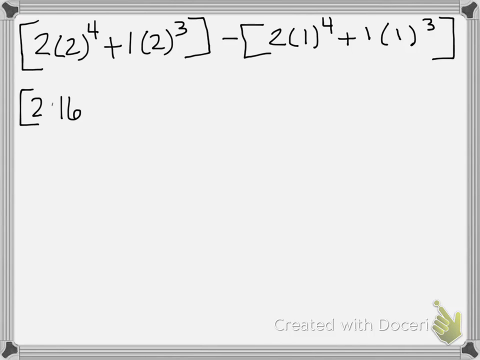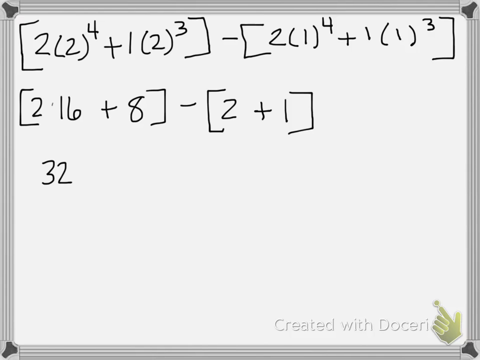So I have 2 times 16 plus our 1 times 2 cubed, and like I said, 2 times 2 is 4, times 2 is 8, and that is going to be minus our 2 times 1 raised to the 4th, which is just 1, and so 2 times 1 is 2, plus our 1 cubed, which is 1, times 1 is just 1, and so that's going to give us 32 plus 8 minus our 2 plus 1, which is 3.